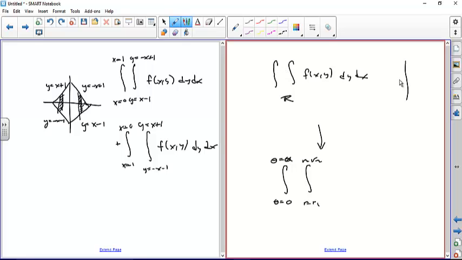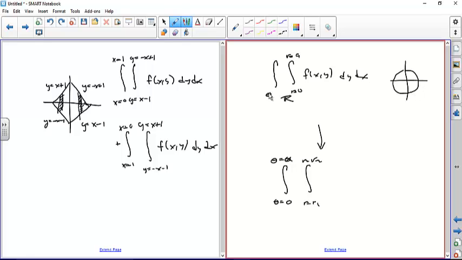And a lot of times the regions are circular regions in the xy plane. So instead of going from negative the square root of something to positive square root of something, like over here, the first one, if you wanted to do the entire region here, you could go from r equals 0 to r equals, say, a, whatever the radius of this thing is.